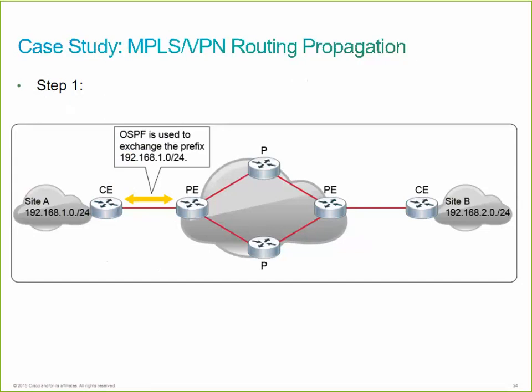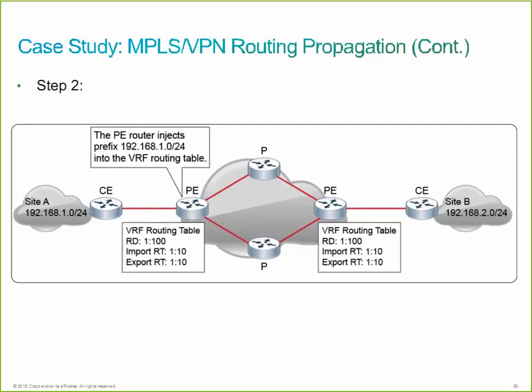That's the basic layout. In step 2, the PE router needs to inject the prefix of 192.168.1.0/24 into the VRF routing table on the PE router itself. Now, the service provider has actually configured a route distinguisher for this particular customer.